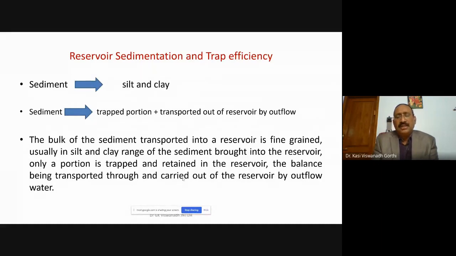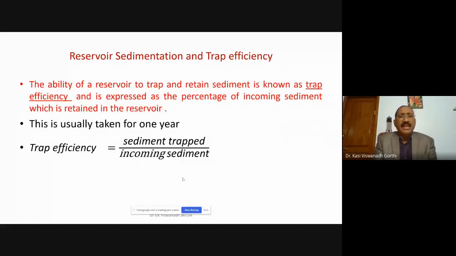So in a nutshell, silt, clay and some sand particles get deposited, and there will be a portion which gets deposited in the reservoir and a portion which moves out of the reservoir for various purposes when the water is drawn. The ability of a reservoir to trap and retain this sediment is called the trap efficiency.